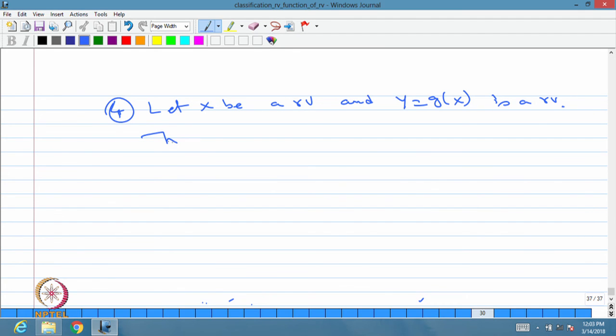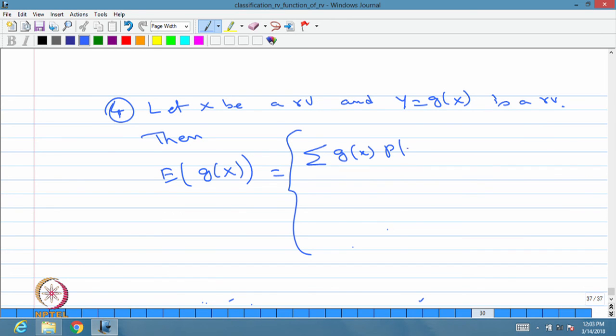Then you can find the expectation of g of x. That is the same as the summation over x of g of small x times the probability that x takes the value x, if the random variable x is a discrete type.